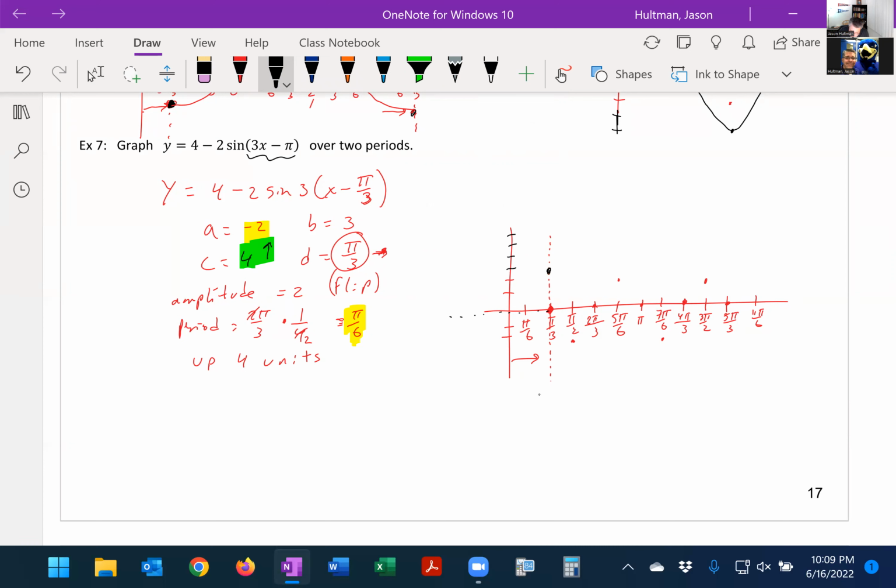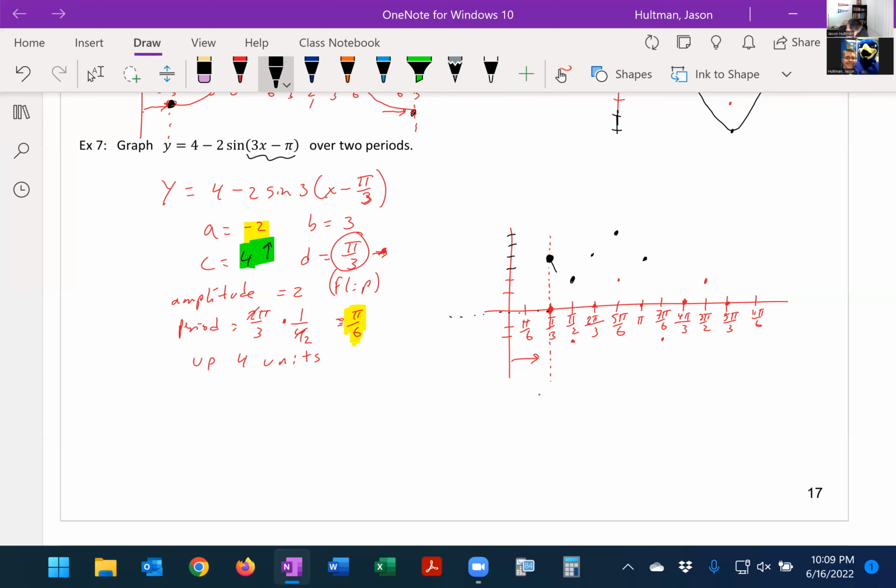Oops, that's 3. Okay, 0 goes up to 4. Boom. -2 goes up to +2. 0 goes up to 4. +2 now goes up all the way to 6. 0 goes up to 2.